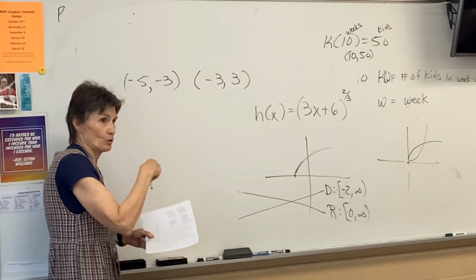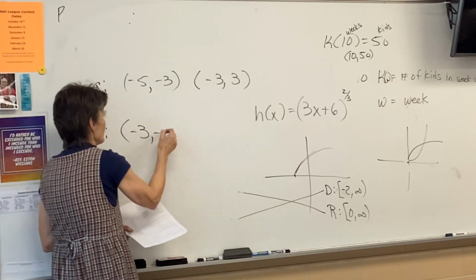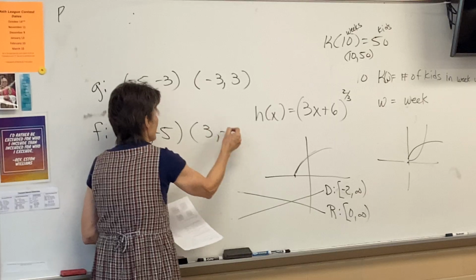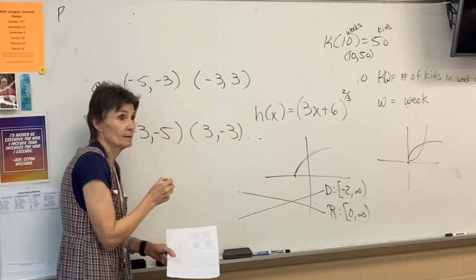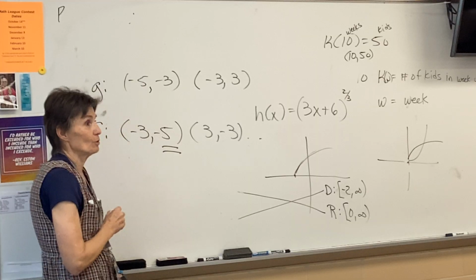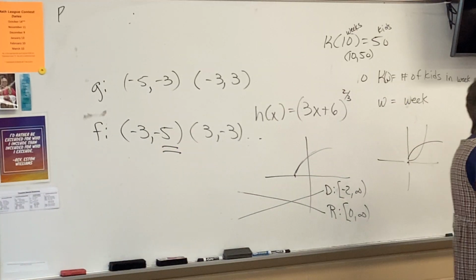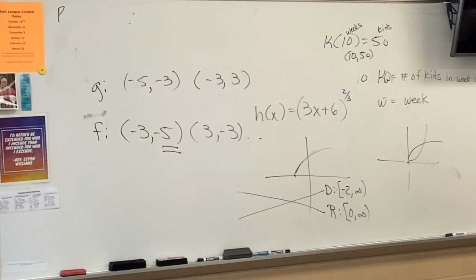The inverse, these are g. The inverse would be -3, -5. We want the smallest y value for the inverse. Well, isn't the smallest y value for the inverse going to be the smallest x value of the original? So, what's that for 3?